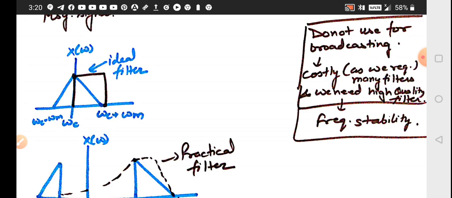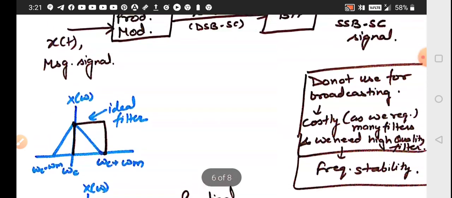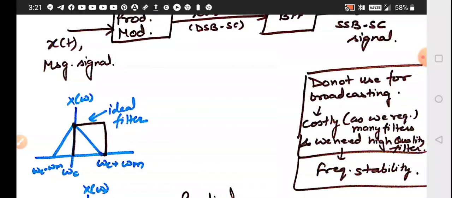Now, when the message signal is not restricted at its lower frequency and contains lower frequencies also, the upper and lower sidebands may overlap, like in this case. If the message starts from the 0 level, there is no separation between the two sidebands and they touch each other at omega c.